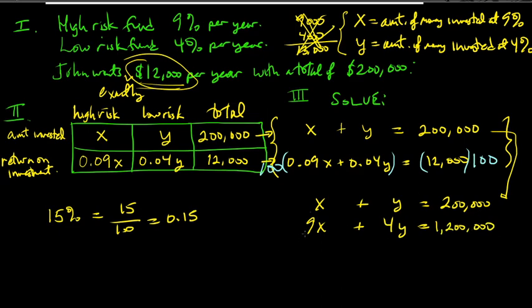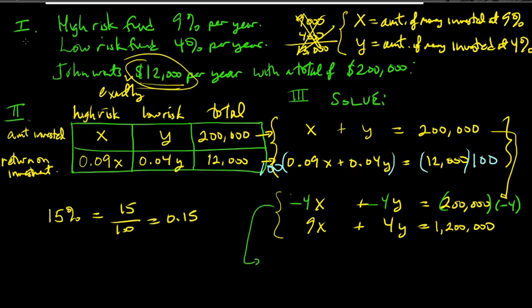Yep. Right, so we got rid of the decimals. Now just multiply by, I don't know, -9. That'll cancel the x's. Or, if you want to cancel the y's, multiply by -4. Again, on both sides.